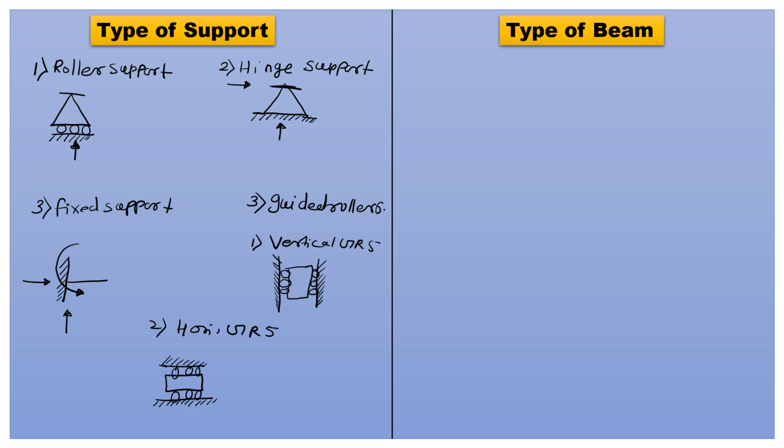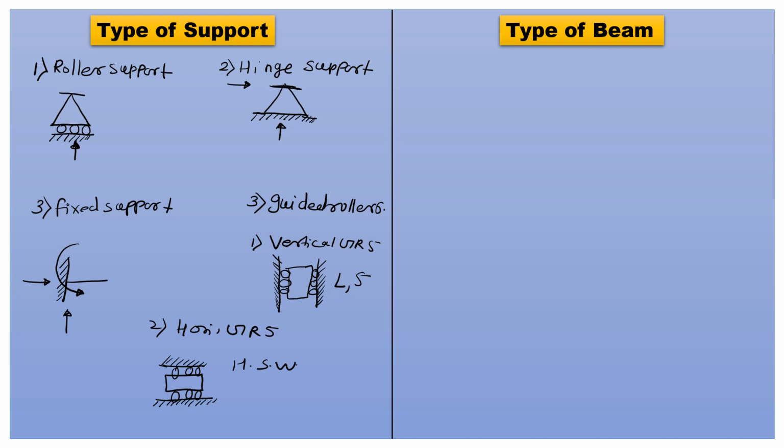An example of vertical guided roller support is a lift shutter. And an example of horizontal guided roller support is a horizontal sliding window. So these are the examples for the vertical guided roller support and horizontal guided roller support.